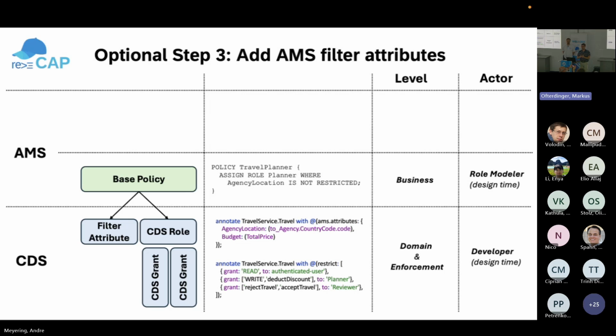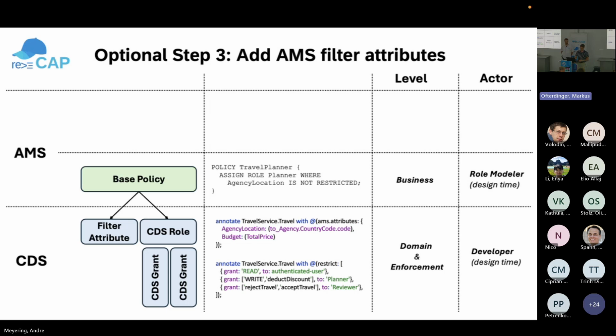Or another example, the overall budget of a travel, you could take as a dimension attribute for filtering, because then you could segregate those end users who would be allowed only to plan travels up to a certain budget, and more experienced planners maybe above that budget.